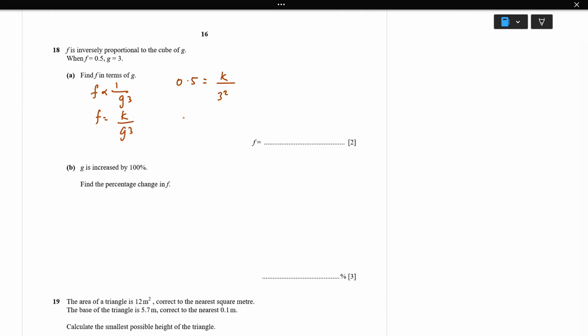So 0.5 times 3 cubed equals K, so 27 times 0.5, which is 13.5. Substituting this in, F equals 13.5 over G cubed. That's it. So we find F in terms of G.